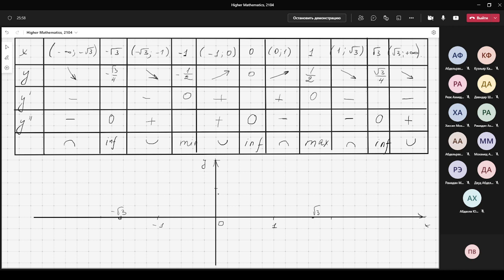Here minus 0.4, it is minus square root of 3 over 4, and here square root of 3 over 4. Okay, 1 over 2, minus 1 over 2.